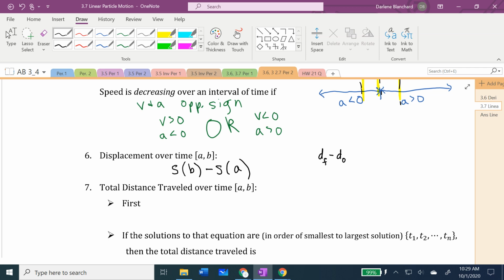You have to first solve the equation for velocity being equal to 0. And make sure that you're only finding solutions within the time interval.